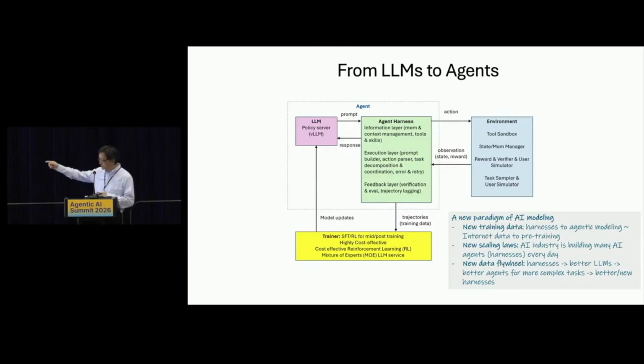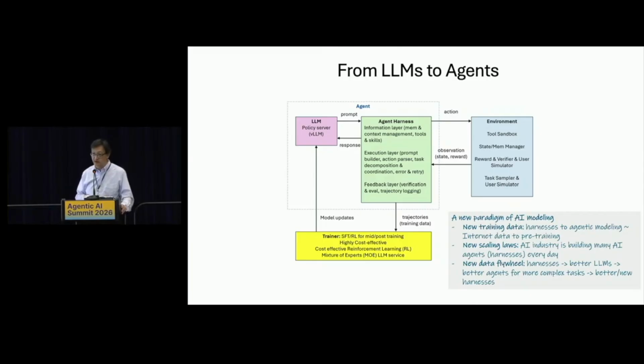And most importantly, the feedback layer, which helps the system collect all the trajectories generated by the agents. These trajectories can be used to refine the underlying LLM by post-training. This actually is the key of agentic modeling. Okay, that's the first part.